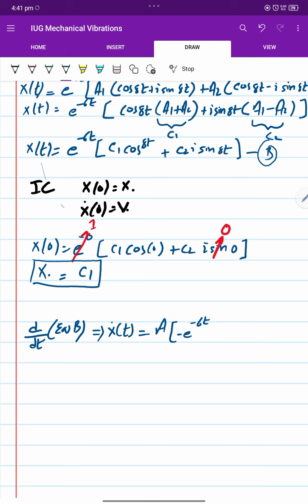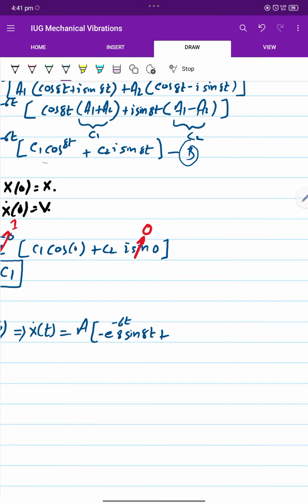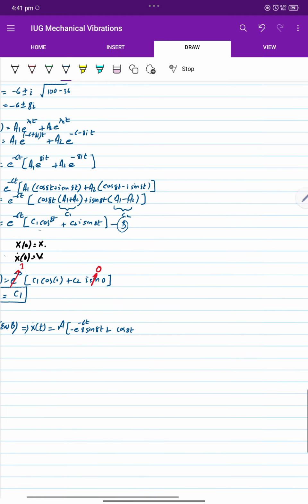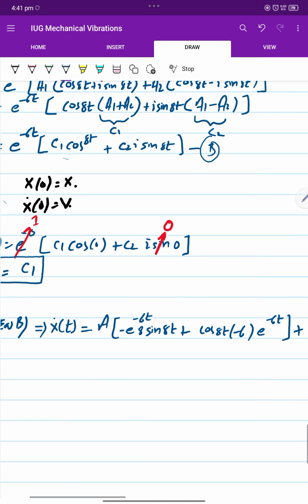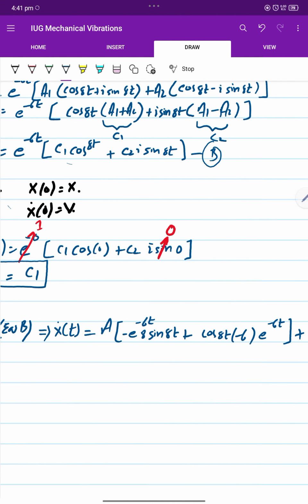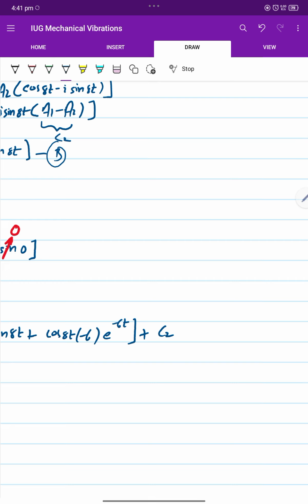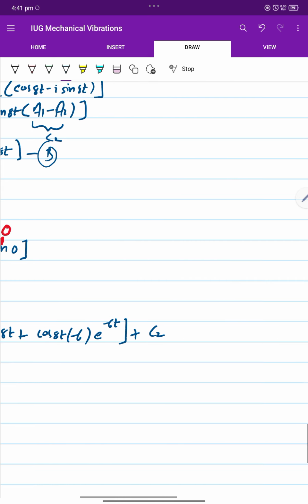The derivative of cos 8t is minus sine 8t into 8, so 8 sine 8t, plus cos 8t into minus 6, and that would be c1, not a, plus c2. Now the second part is c2 iota sine 8t. So we have to differentiate that one as well.